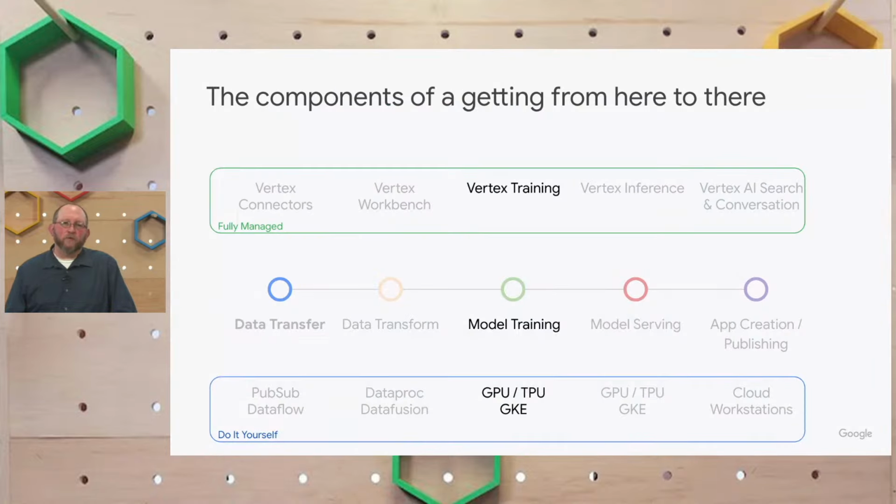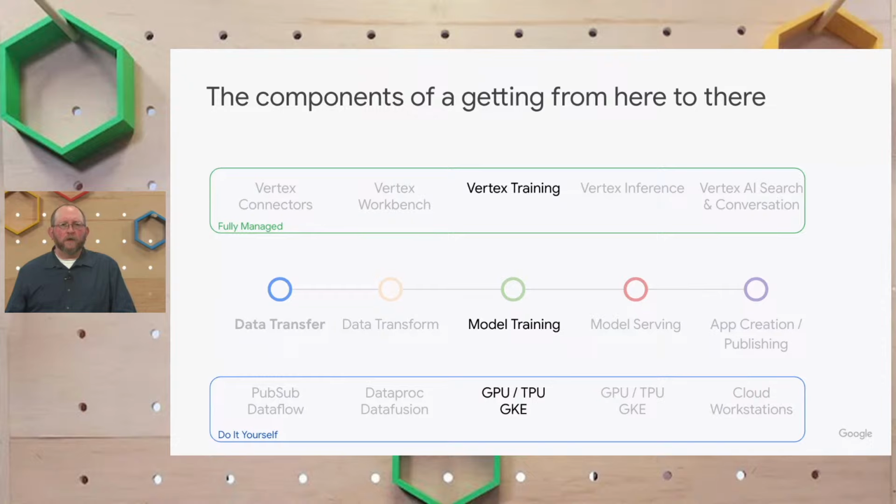When you're actually doing the model training, and training can either be training from scratch or taking one of the models off the shelf that already exists and enhancing it or tuning it using your data, you may not have to build it entirely from scratch, but you still get value and the benefit of customizing it for your staff and your users by using your data.